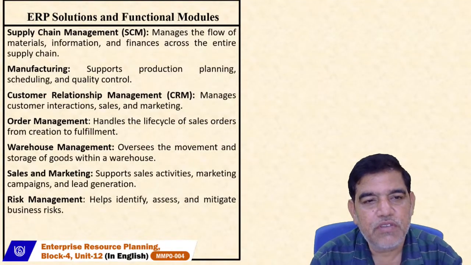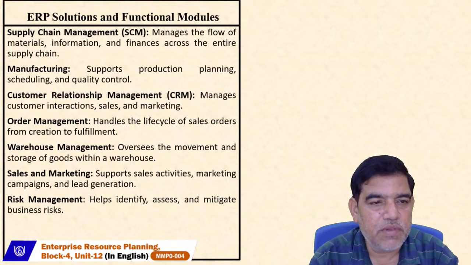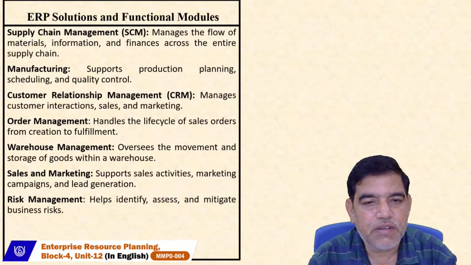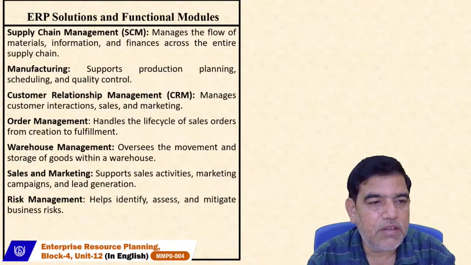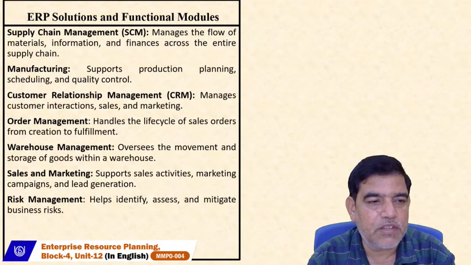Then manufacturing supports production planning, scheduling, and quality control. Customer relationship management, that is known as CRM, manages customer retention and implements the strategies for how to retain a customer for a long period of time. Because as you know, customers are the brand ambassadors for every organization.